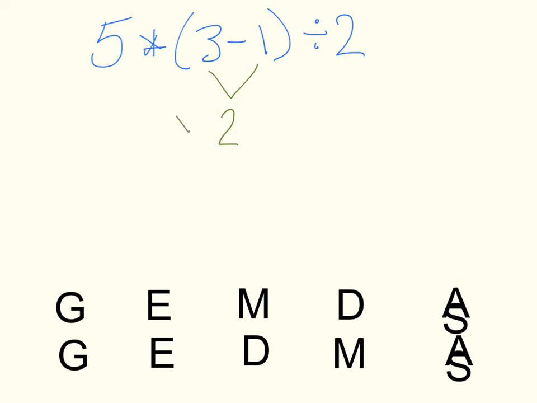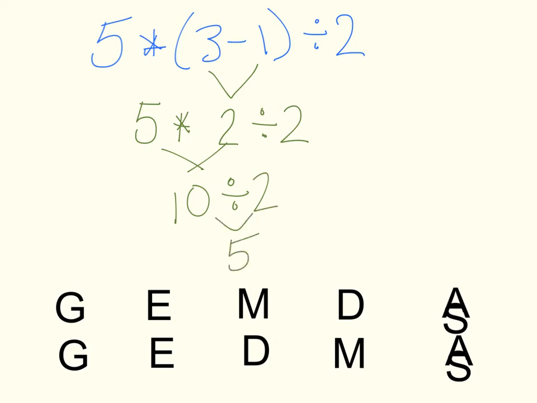I'm going to bring down the rest of the problem in the exact same order on both sides of what I have left. So now I have 5 times 2 divided by 2. I'm done with groupings. I have no exponents, and now I'm getting to this multiplication division decision. And I can see that the multiplication occurs on the left, so I'm going to solve that part first. 5 times 2 is 10. I bring down my divided by 2, and we have 5 as our last step.